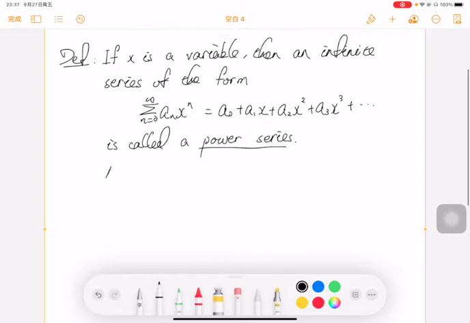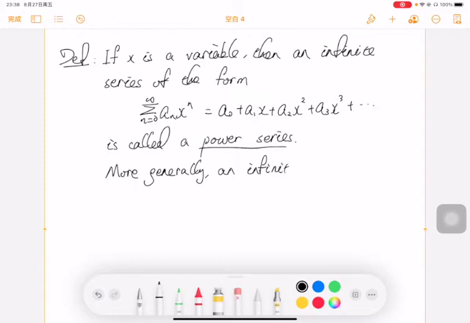We can even generalize this definition and define something similar but a little bit more general.